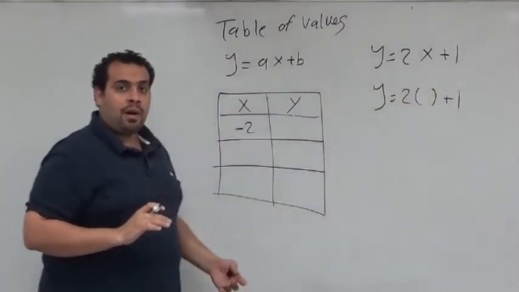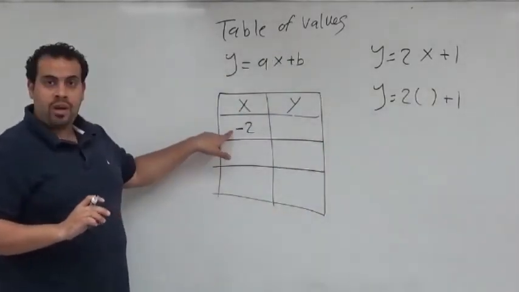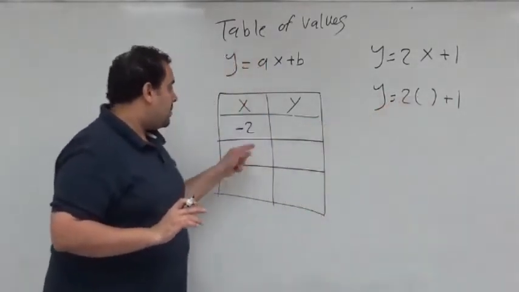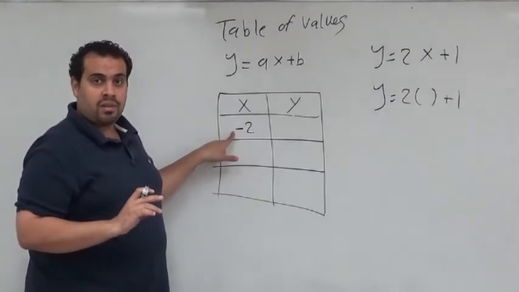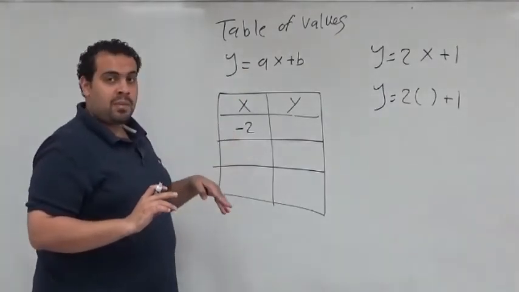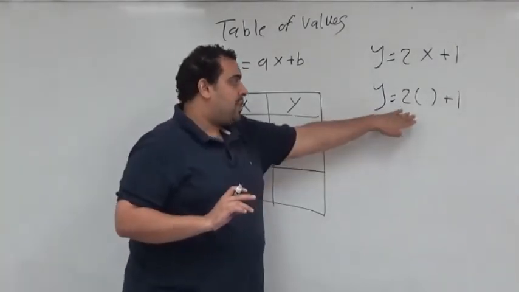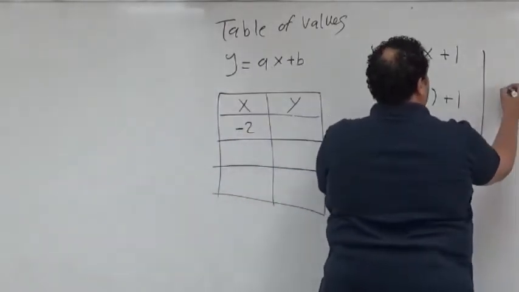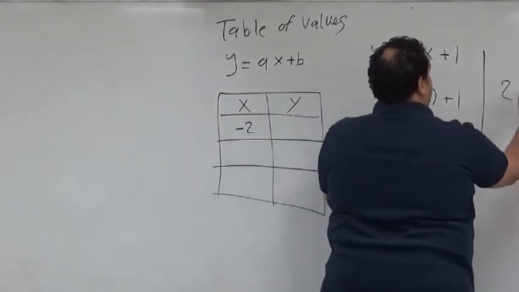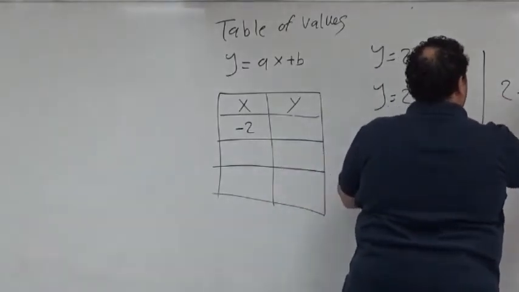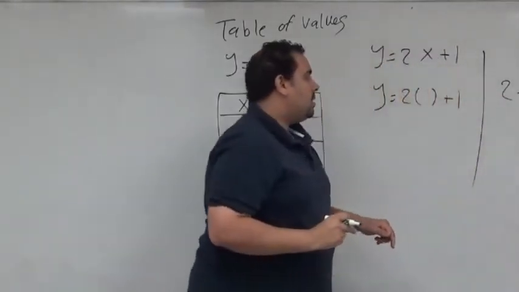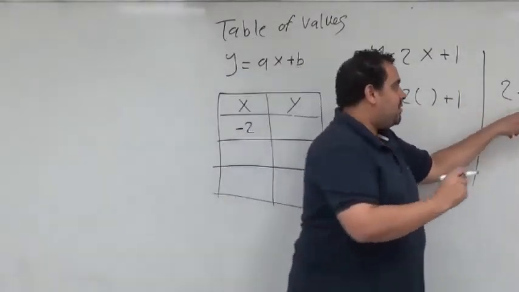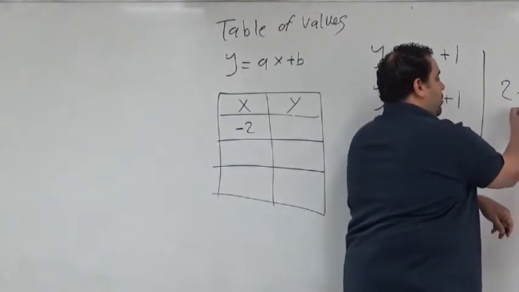Why? Because right now I will substitute x with the value I have, which is -2. Why do I put parentheses? Because sometimes the x value is negative and sometimes positive. For example, if I write 2 then -2 plus 1 with no parentheses, there is no multiplication, and that would be as if it was 2 minus 2, which gives you 0.